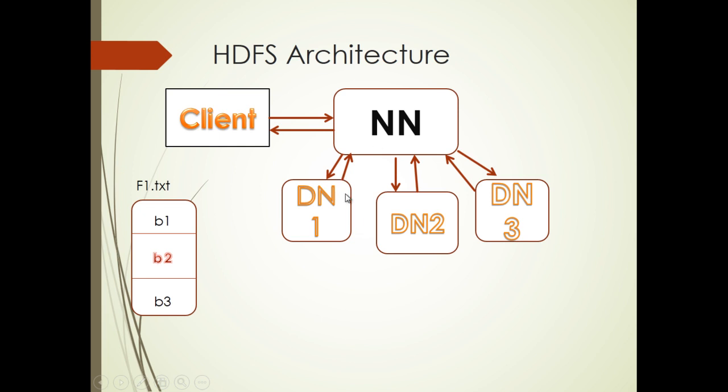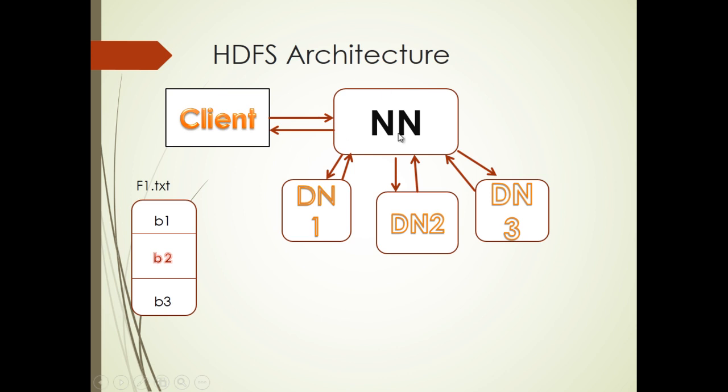When the name node interacts with the data nodes, each data node will give its reply to the name node, like data node 1, data node 2 and data node 3. Whether space is available, whether any machine is proper or not, all the information goes to the name node.